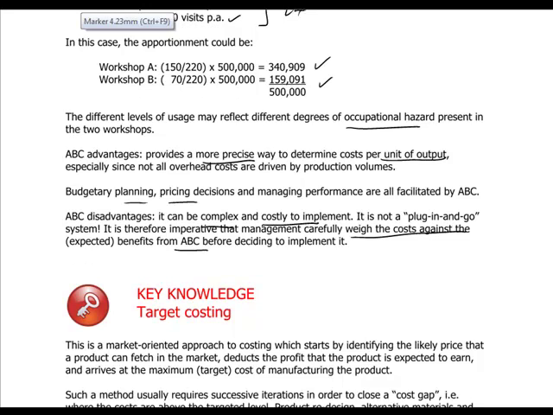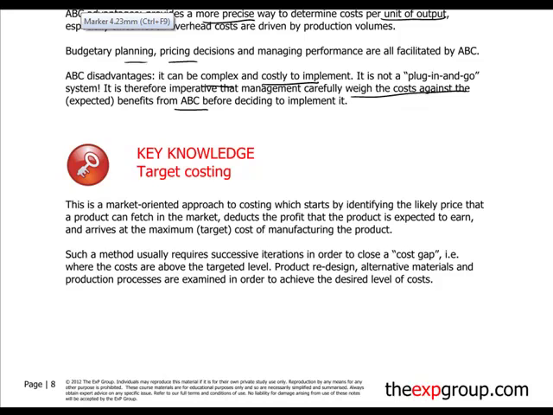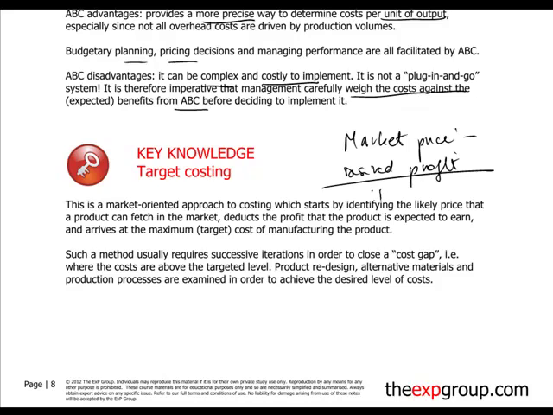One more costing technique in your syllabus is target costing. This basically looks at the market and takes the price from the market. That's usually a market price, out of which we deduct the desired profit or margin that we want to obtain, and what remains will be the target cost. Now this would be compared to our actual costs.